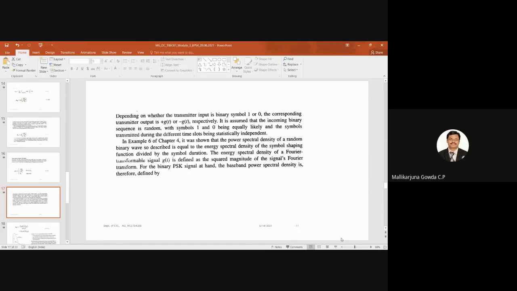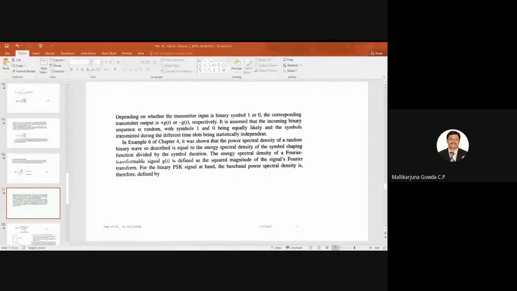This sentence is very important to apply the knowledge we have derived. We verified that the outputs of the correlators are statistically independent, so those things help here to understand.